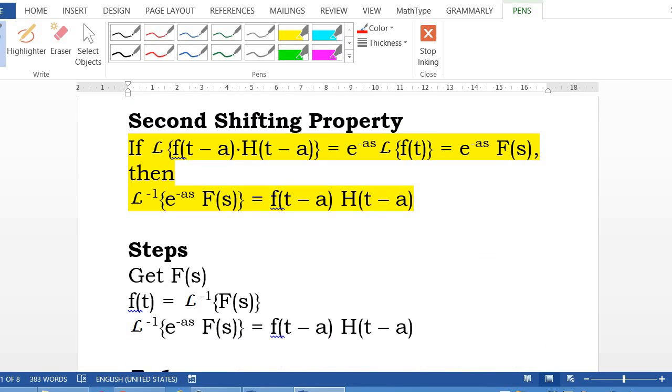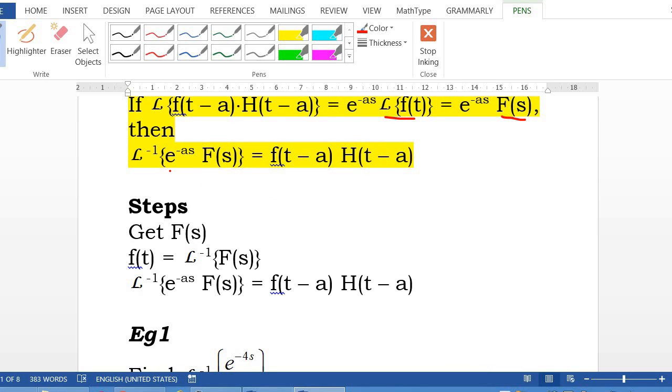And then for the second shift property, we have learned that the Laplace transform for f(t − a)H(t − a) is equal to e^(−as) times the Laplace transform of f(t), which is F(s). Hence, the inverse Laplace transform of e^(−as)F(s) will be equal back to f(t − a)H(t − a).